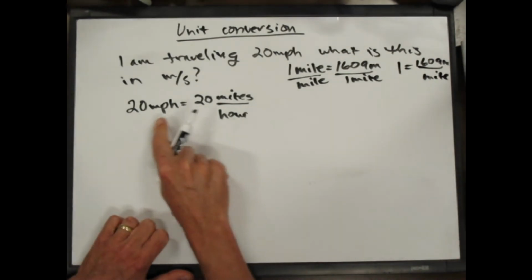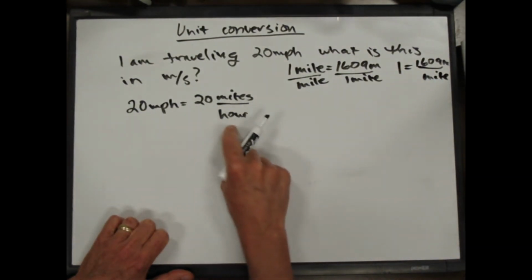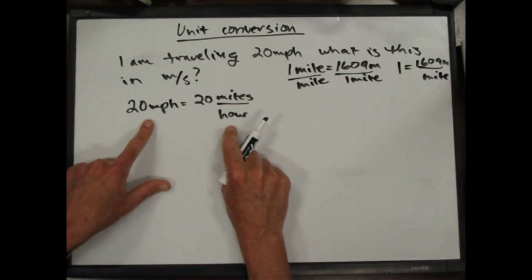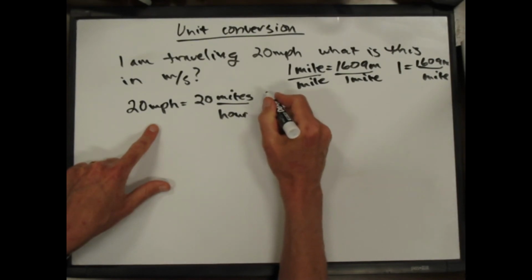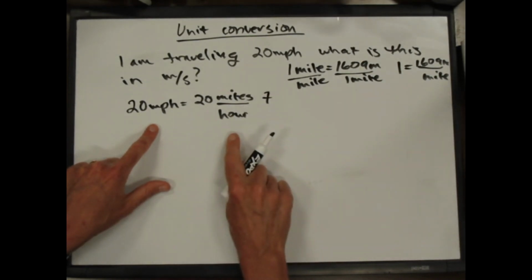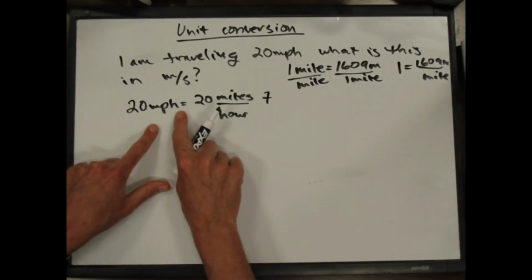Since these two statements are by definition equal, if I want to keep them equal, I can only multiply one side by the number 1, unless I multiply both by the same number. I can't just arbitrarily multiply the right-hand side by 7 and keep my equal sign.